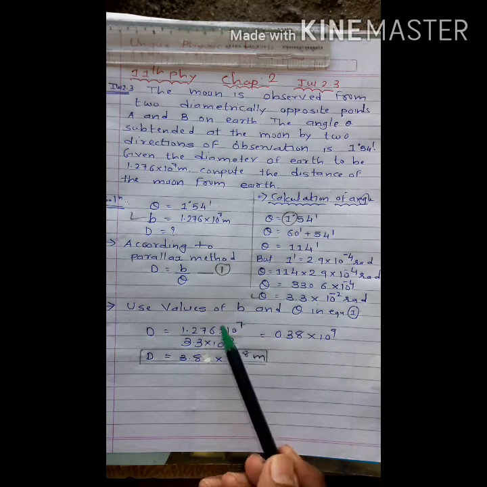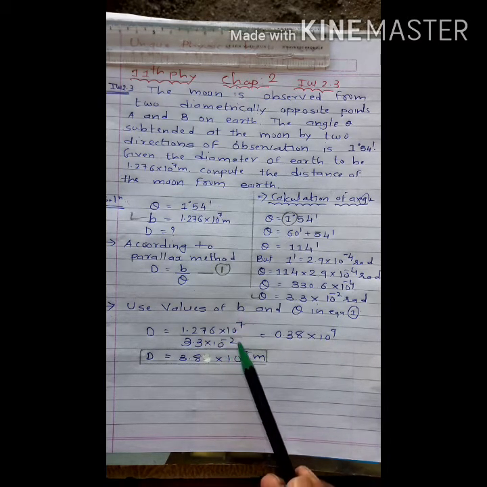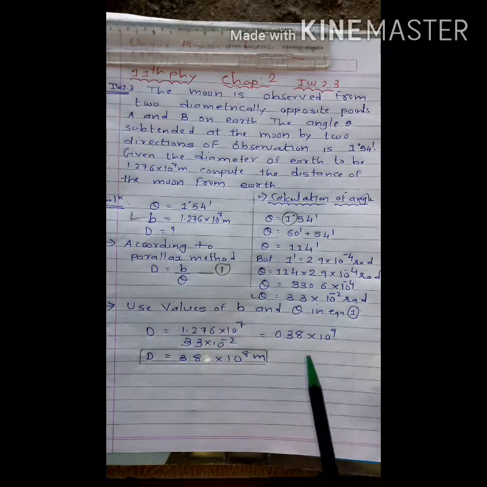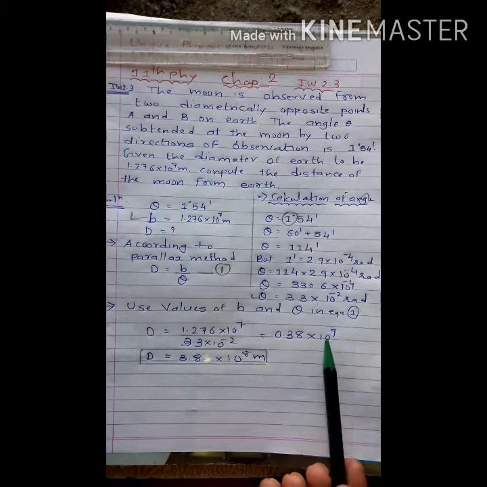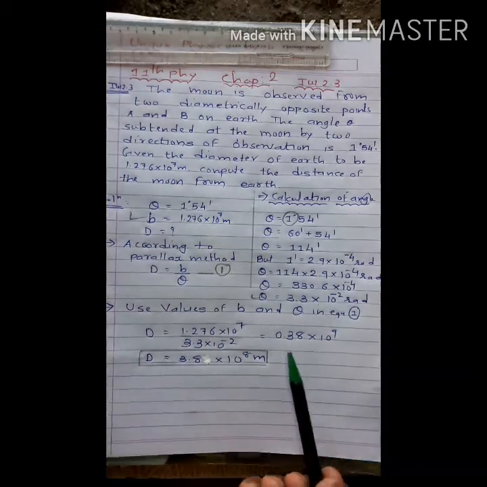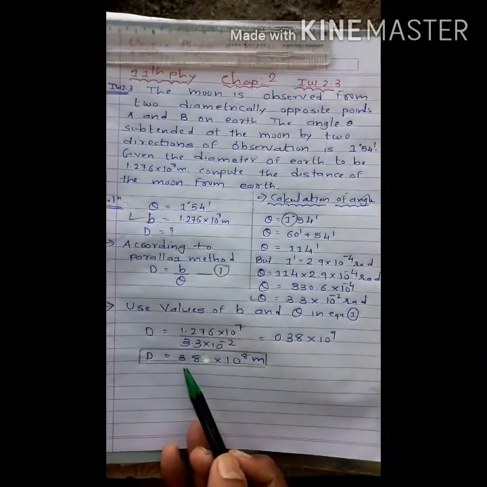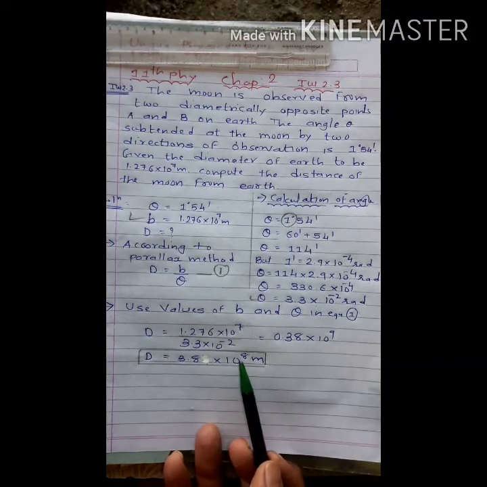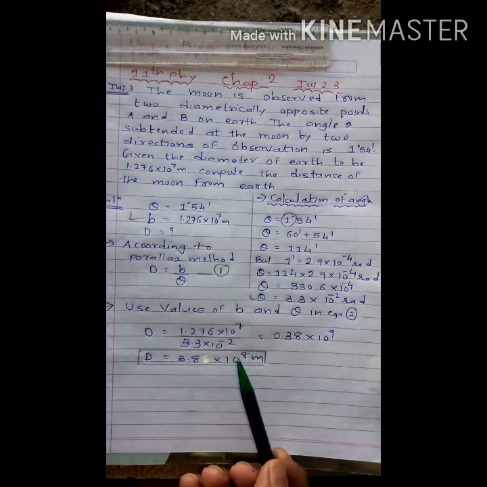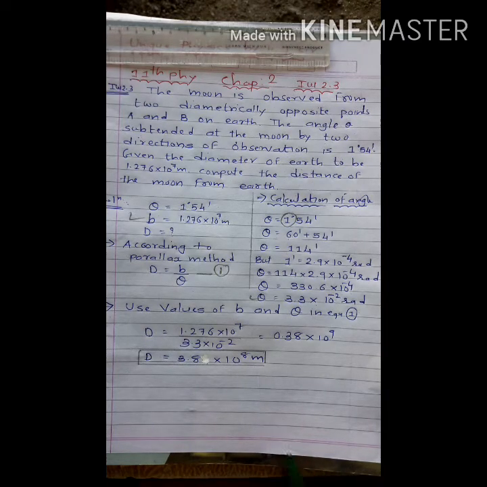Here we have 10 raised to 7 upon 10 raised to minus 2, so the answer is 10 raised to 9. Now 0.38 into 10 raised to 9. We shift the decimal point one digit to the right, so the value of D is 3.8 into 10 raised to 8 meter. So the distance of the moon from the earth is 3.8 into 10 raised to 8 meter.